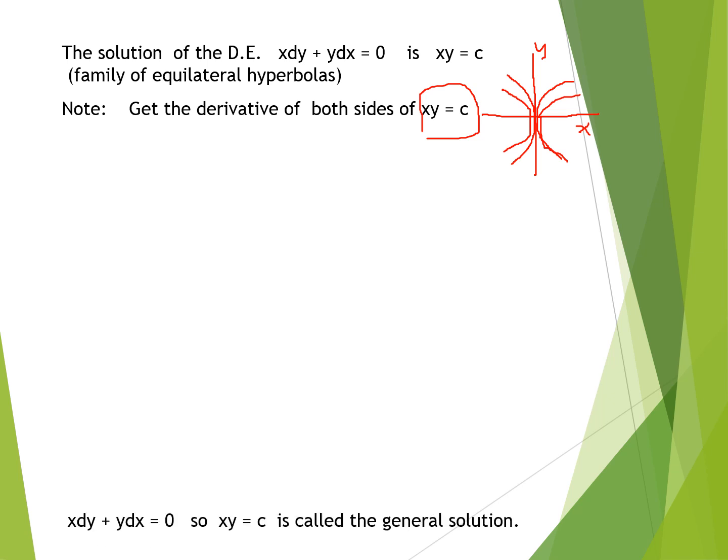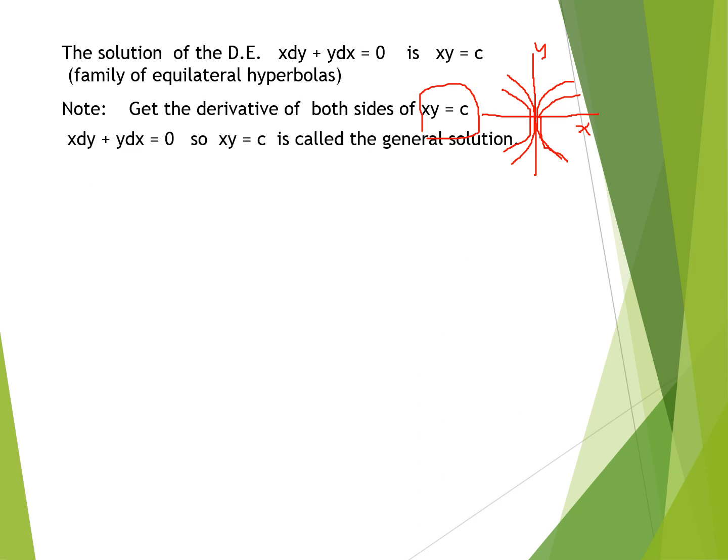You get x times the derivative of y plus y times the derivative of x is 0. You see, this is the differential equation that arises from xy is c. Again, this is a family of equilateral hyperbolas.